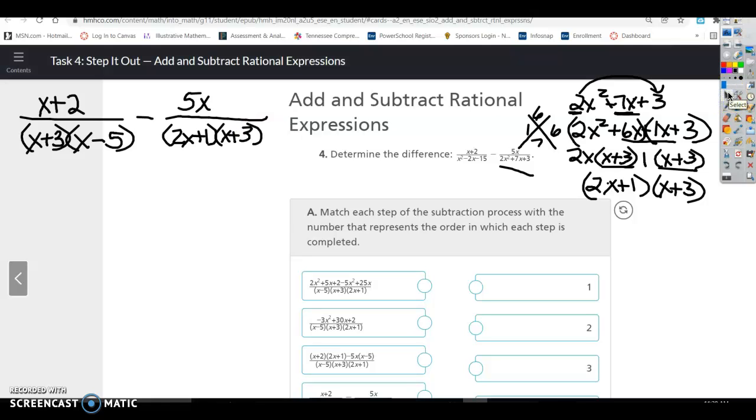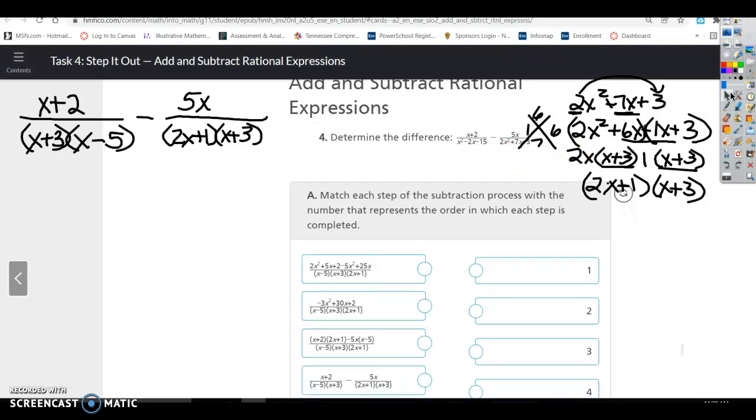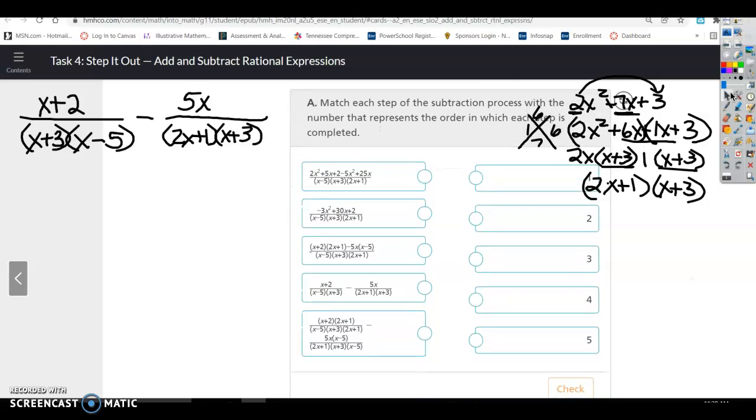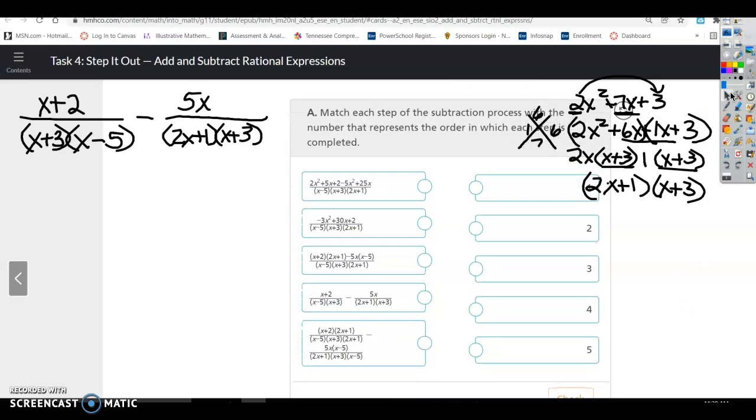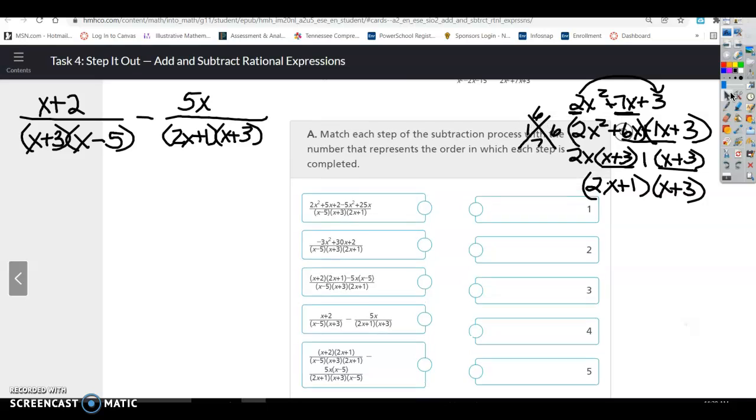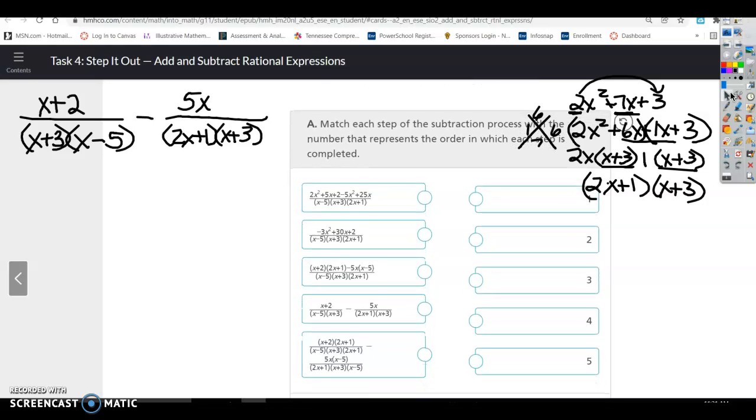All right. Let's see what the questions ask us from here. It says match each step of the subtraction process with the number that represents the order in which each step is completed.